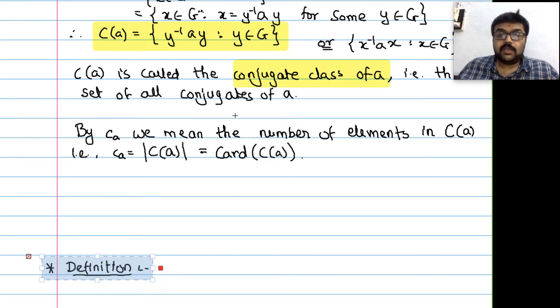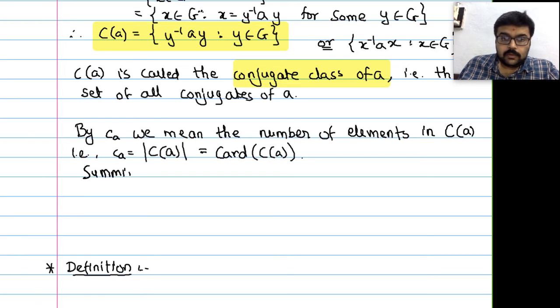In the same way, G is also divided into these classes. So how many elements are there in G? Summing up, suppose G is a finite group.